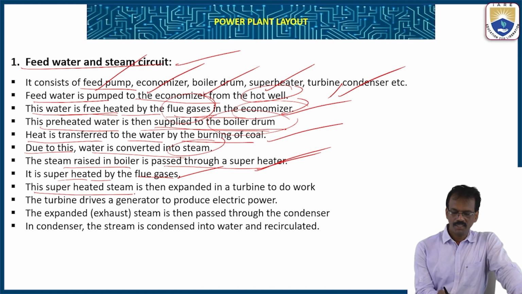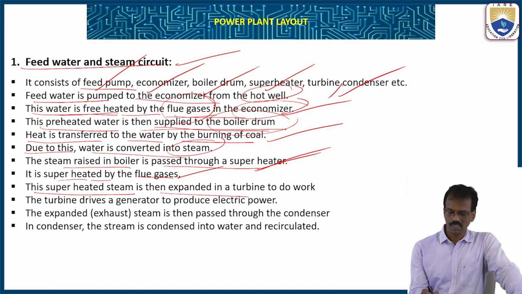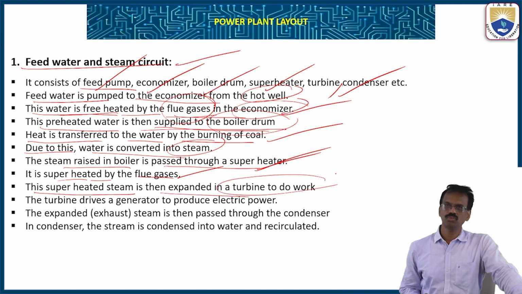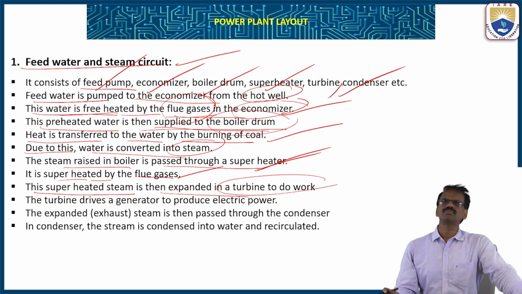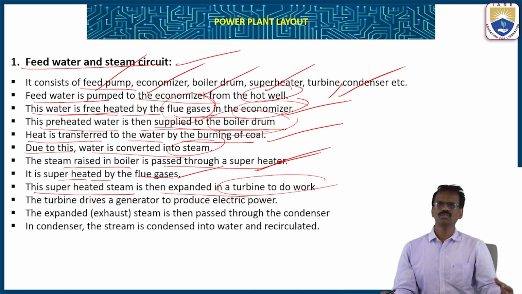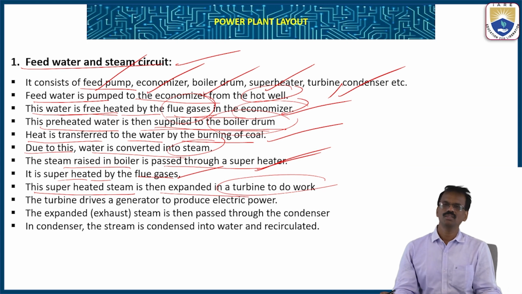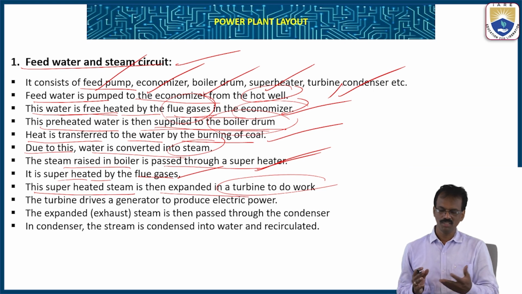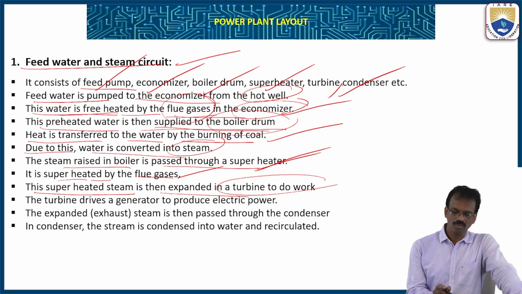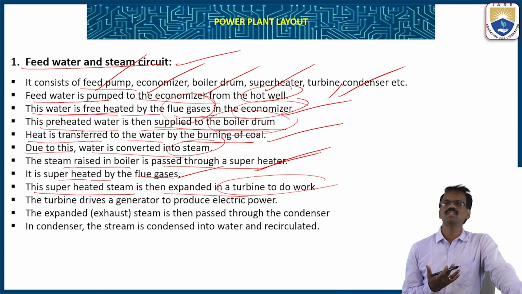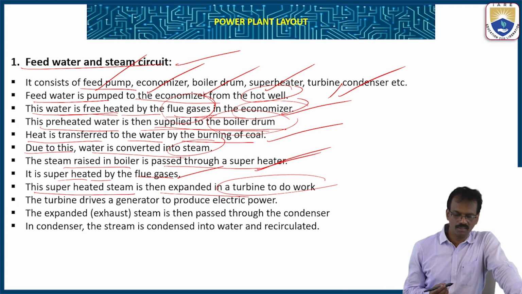Next, this superheated steam is then expanded in a turbine to do work. It means the turbine will rotate. The turbine is connected to the generator, so simultaneously the generator also will rotate and power will be generated. It means through this process, heat energy is converted into electrical energy.